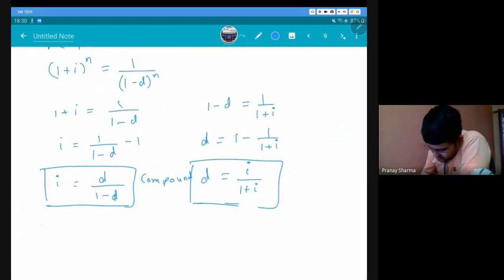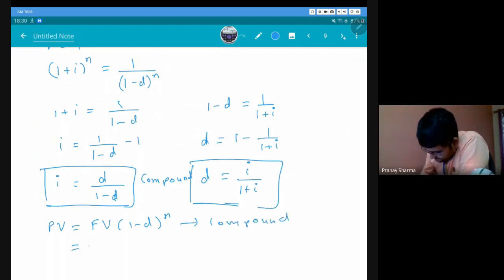Then we also know that our present value is equal to future value into discounting factor v^n. So I can make the formula: present value equals future value into (1 - d)^n for compound, and future value into (1 - n·d) for simple.